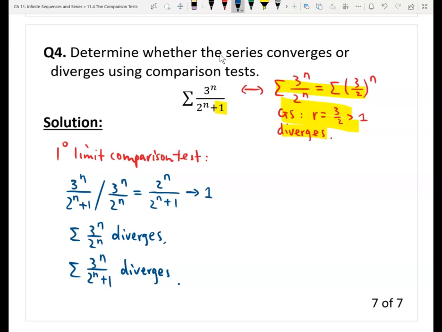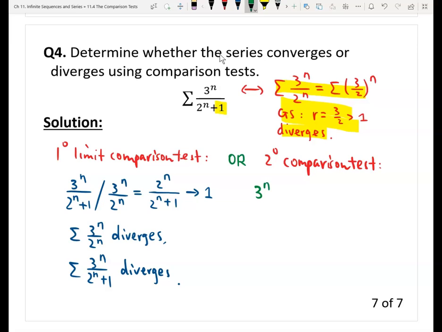That's the limit comparison, super easy. Or if someone likes, I will show you how to use the direct comparison test. Can you see how to direct compare?